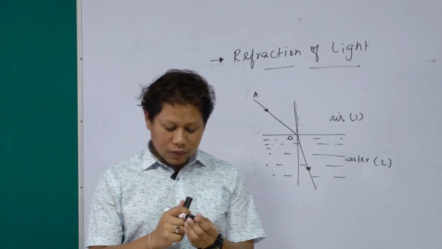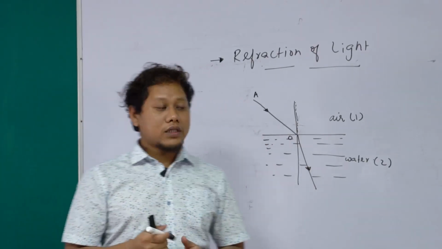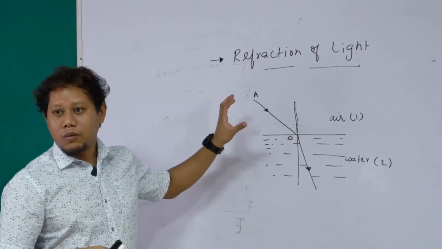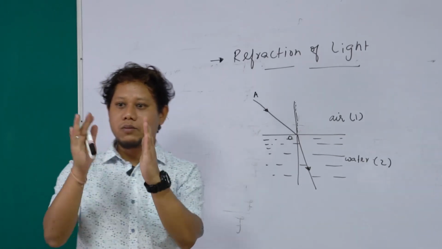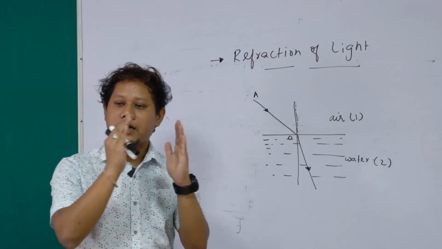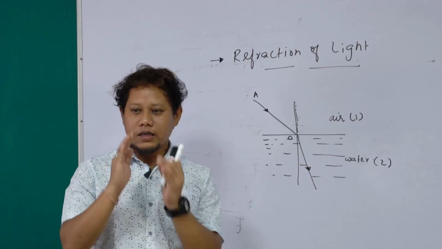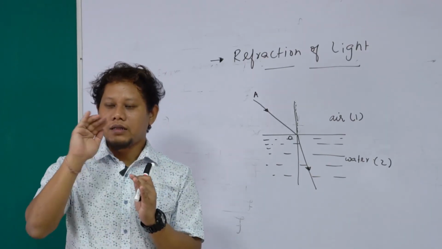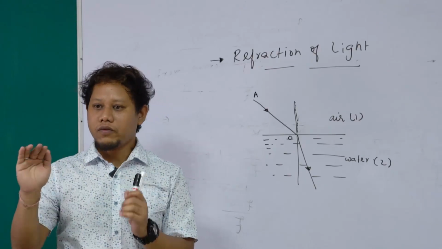So what is refraction of light? Refraction of light can be defined as when the direction of propagation of an obliquely incident ray of light that enters the other medium changes its direction at the interface between two media, then this phenomenon is called refraction of light.